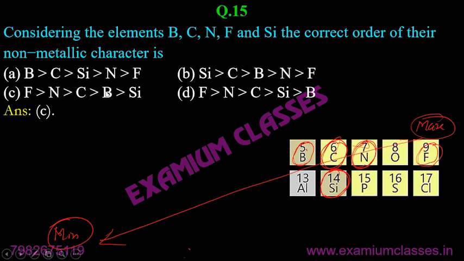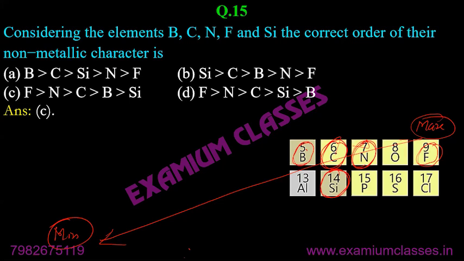Okay. So many correct answers, out of which Divyansh, Pratham, Arna, Sabir, Laksh. Okay. So it's about this. After fluorine, you have nitrogen. After nitrogen, you have carbon.